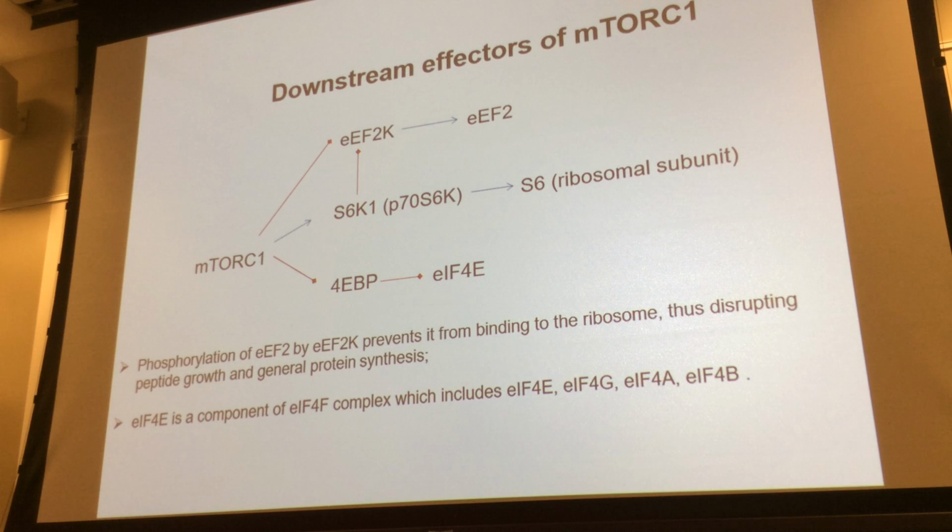But I'm not going to talk about all the detail. You need to remember at least that the phosphorylation of 4E-BP by mTOR is promoting translation and protein synthesis through eIF4E.